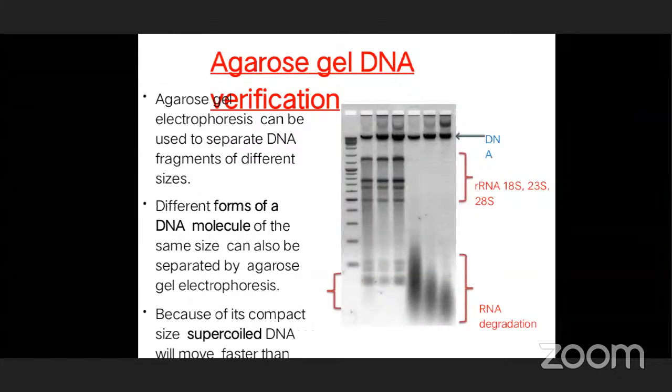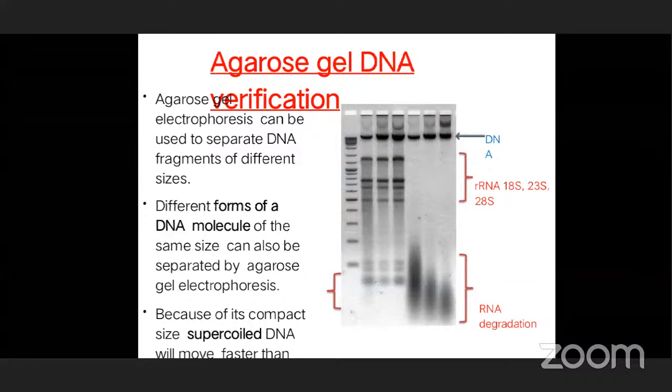So this slide shows the agarose gel DNA verification. How to verify the DNA? After the separation, we will get separated DNA, RNA, etc. How do you know RNA? These are the ribosomal RNAs: 18S, 23S, 28S. These ribosomes are required for the synthesis of protein. This part was completed in transcription in your 12th standard.